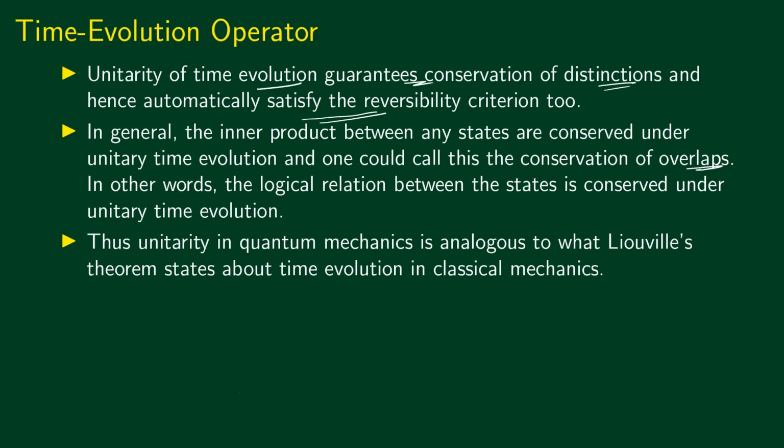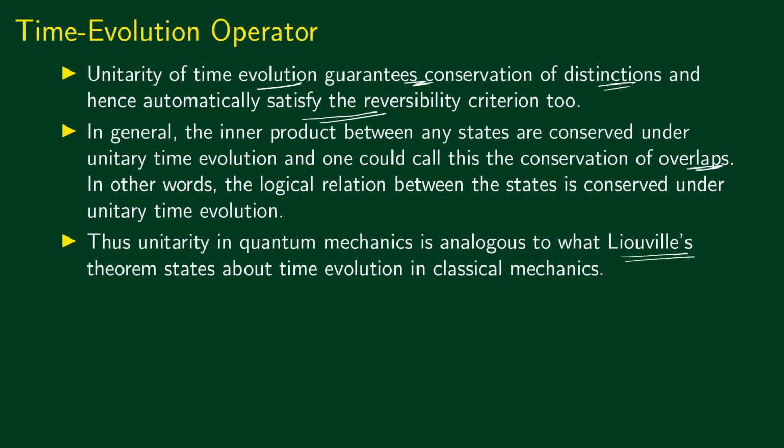In the same way, in quantum mechanics, provided the time evolution operator is unitary, the logical relation of the overlap between states does not change. So we can say that unitarity in quantum mechanics is analogous to what Liouville's theorem states about time evolution in classical mechanics.